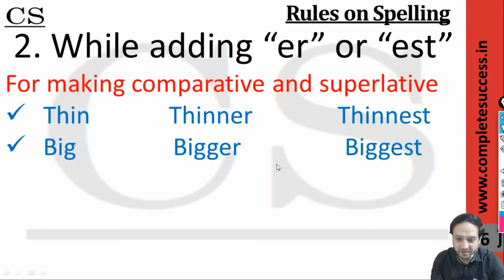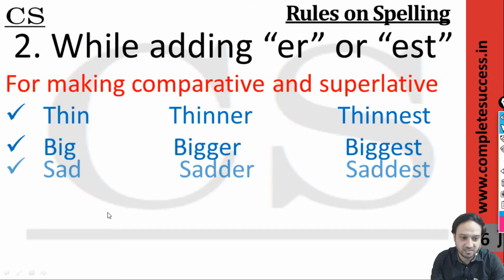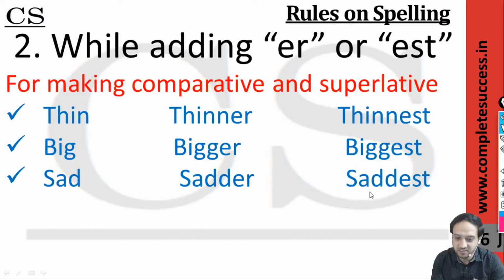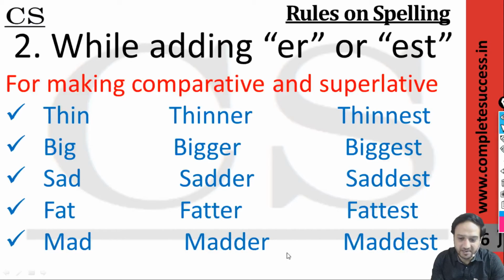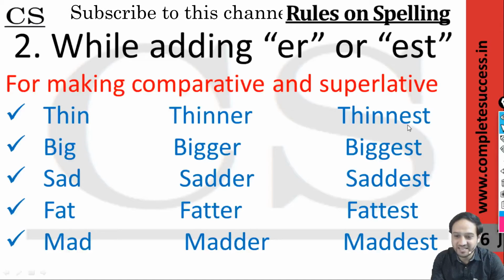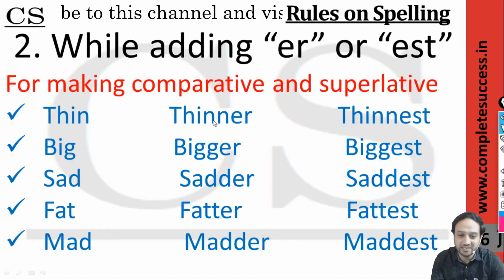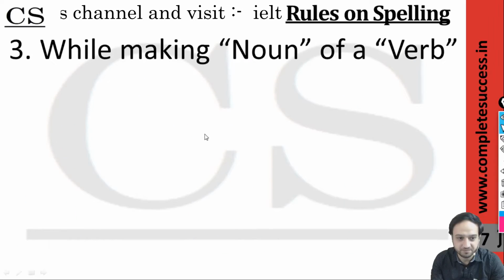Big, bigger, biggest. Sad, sadder, saddest. Fat, fatter, fattest. Mad, madder, maddest. So you can see in all these words the last letter is a consonant and before that there is a vowel. So when we add er or est to these words, we double the last consonant.